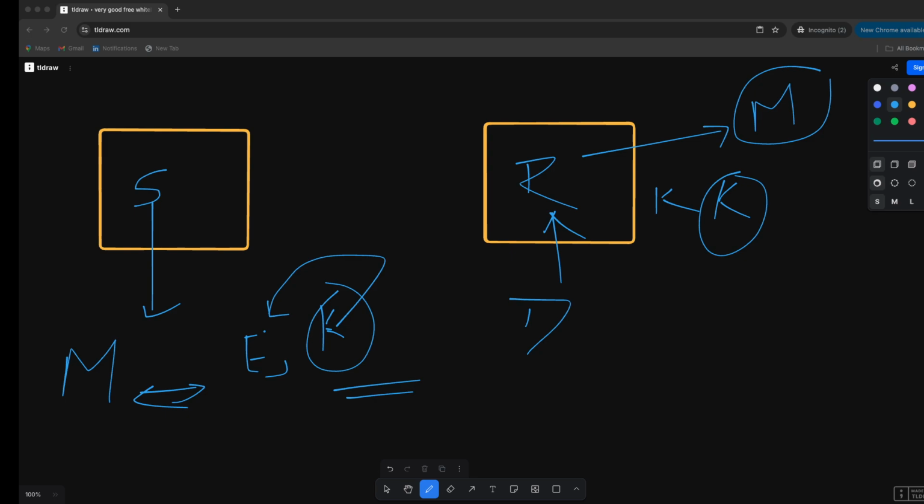So this is how it is going to work. First, both of them encrypt the message. At the sender's side, I encrypt it, and then I generate a key and send it to the receiver.